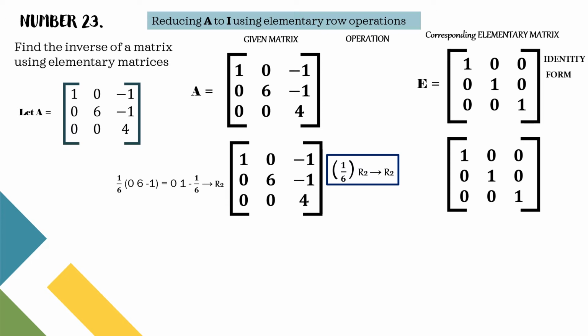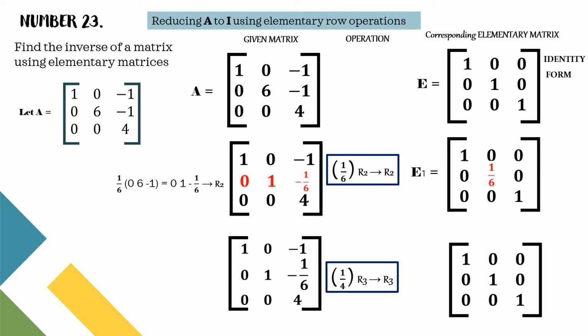This will be our new row 2 for the given matrix. Next, 1/6 multiplied to the second row of the identity matrix: 1/6 times 0, 1, 0 equals 0, 1/6, 0. We label it as E1.